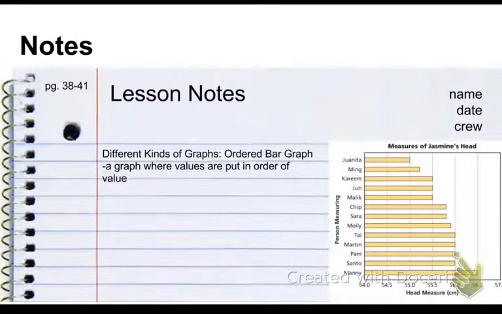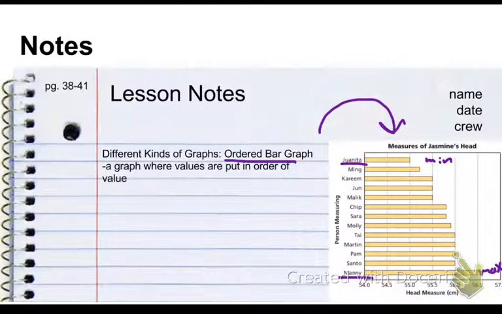The next one we have is the ordered bar graph. And the ordered bar graph is a graph where we put the values in order from smallest to largest or largest to smallest. We know right away Juanita is our minimum value. We know right away that Manny here is our maximum value.